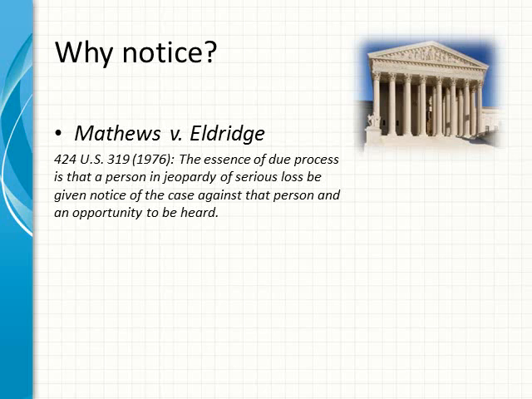This text is identical to the United States Constitution, 5th Amendment, which also states that no person shall be deprived of life, liberty, or property without due process of law. Further, the United States Constitution, 14th Amendment, Section 1, states that nor shall any state deprive any person of life, liberty, or property without due process of law.